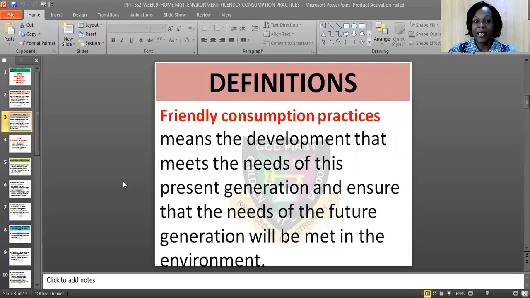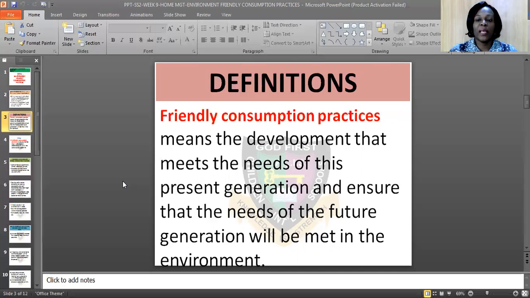Are you getting it? Let me come again with the definition. Friendly consumption practices means the development that meets the needs of this present generation and ensures that the needs of the next or future generation will be met in the environment.